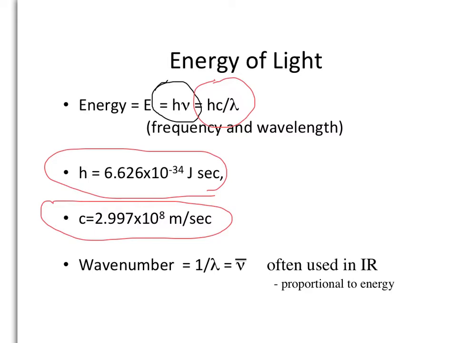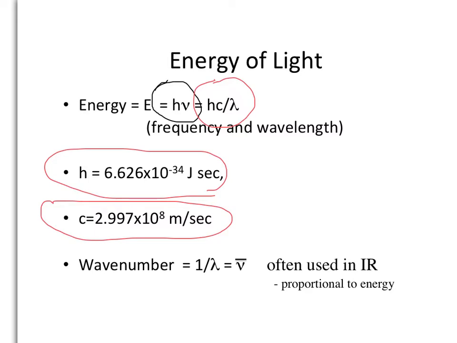In visible spectroscopy, we use wavelength as an index of energy. And because energy is proportional to 1 over wavelength, short wavelengths have high energy and long wavelengths have low energy.